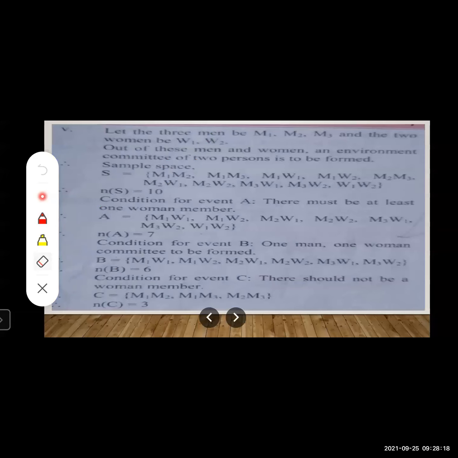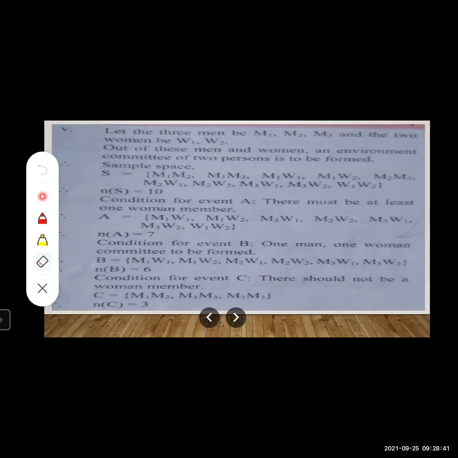How many men are there? 3 men are there. We consider these men as M1, M2, and M3, and the 2 women as W1 and W2. Out of these men and women, we have to form an environment committee of 2 persons.